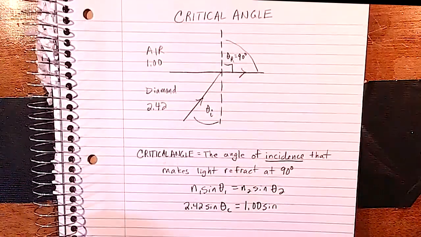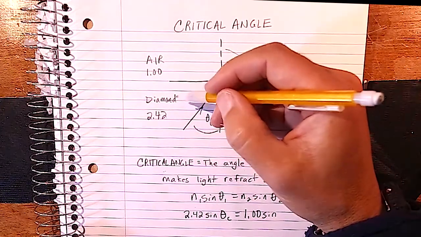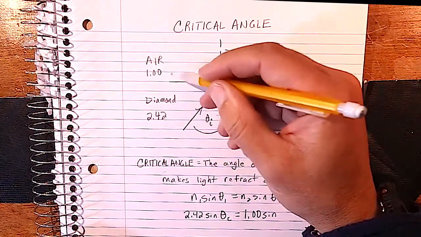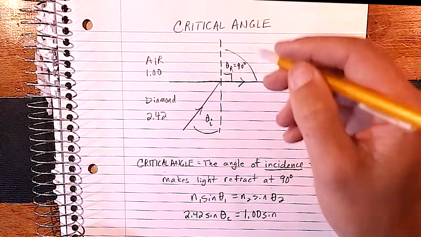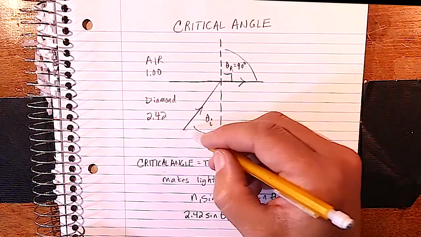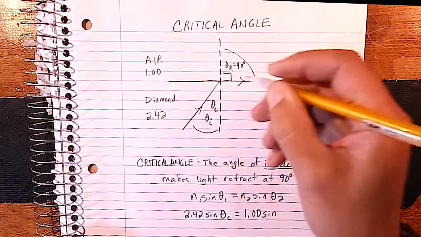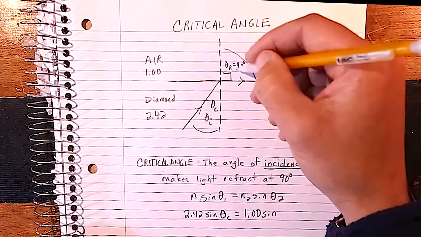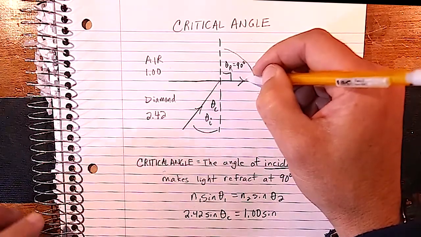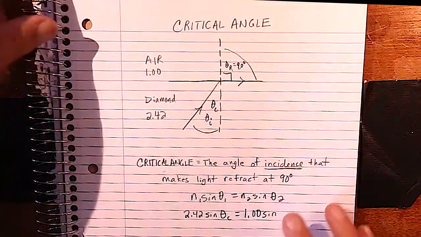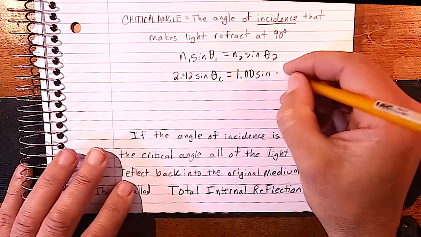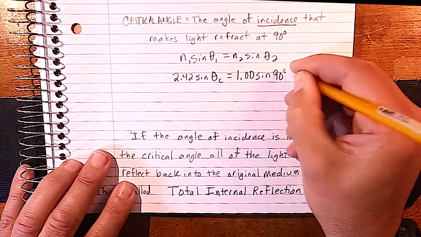And here's the crucial part. Remember, this is only going to occur when you go from high index of refraction to low. It never happens the other way around. So the angle of incidence is our critical angle in this case. And what's it doing? It's making light refract at 90 degrees. So we know theta r. What is our theta r? Well, that's sine of 90.